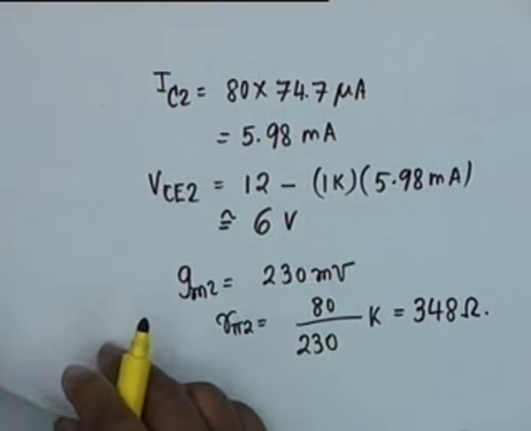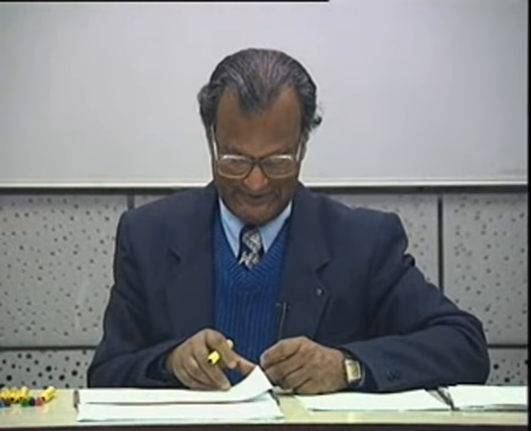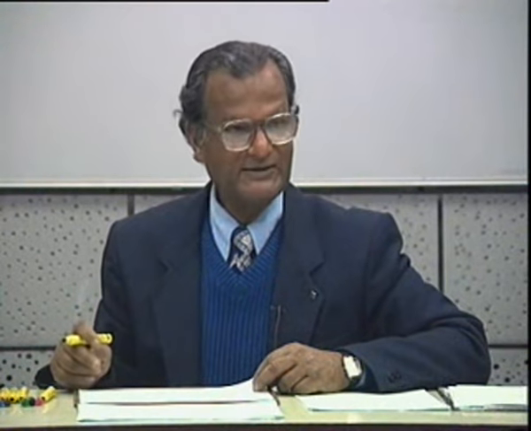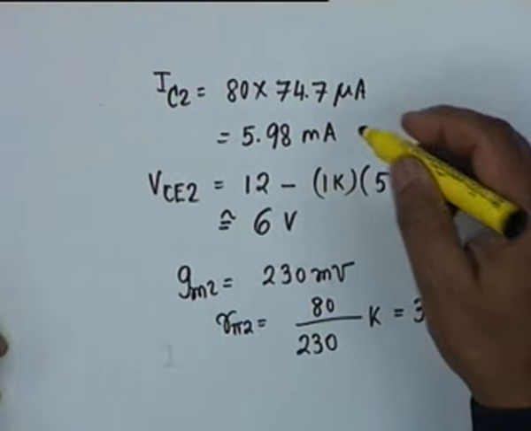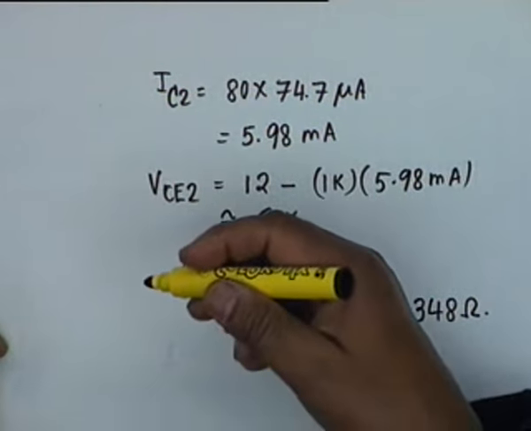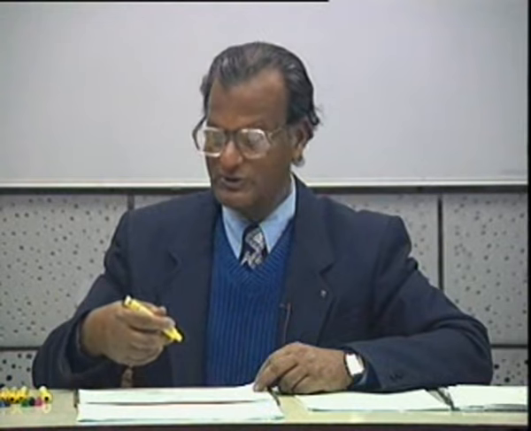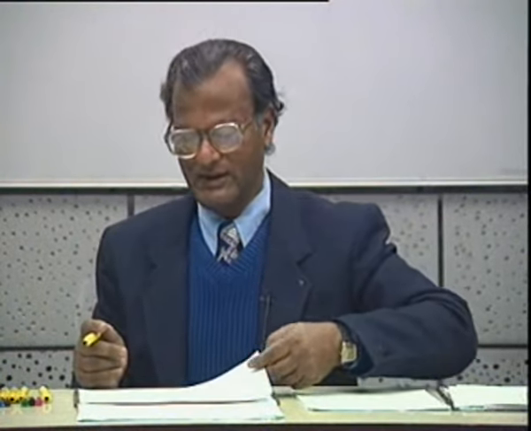It's a low value. Why does this low value arise? Because the current is much larger. It's 12 times larger than IC1, and therefore r_pi2 correspondingly goes down.